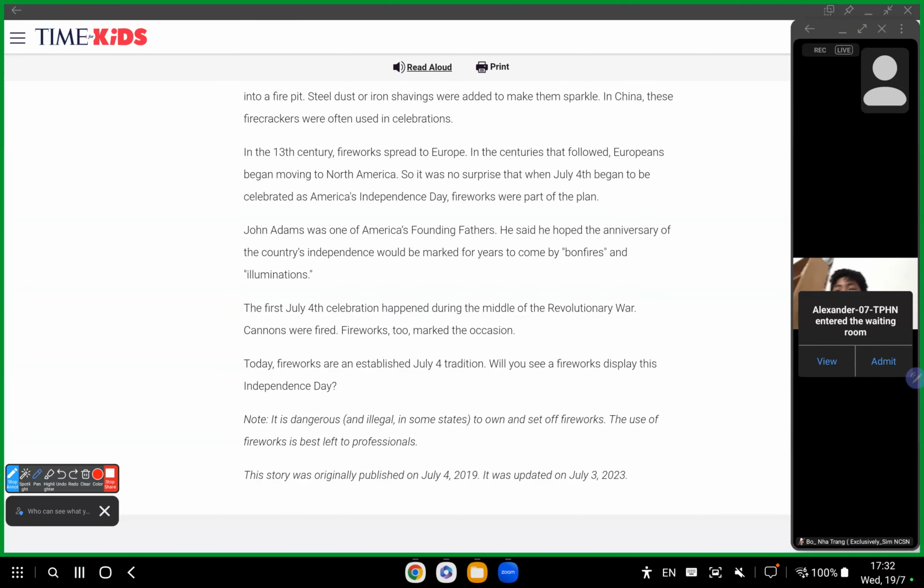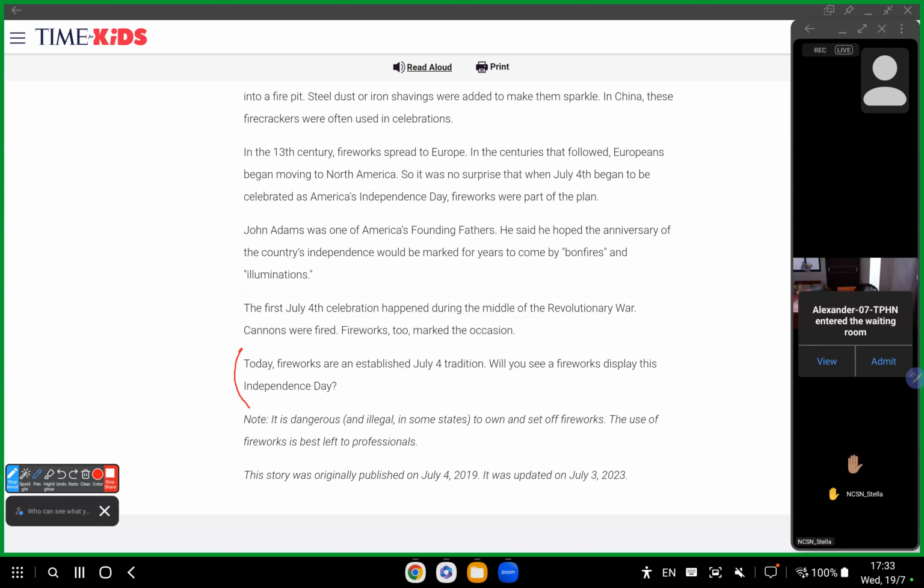And in this last paragraph, do we see any evidence? Stella. Today, fireworks are an established July 4th tradition. Very good.